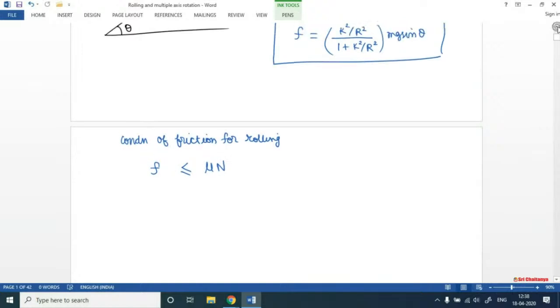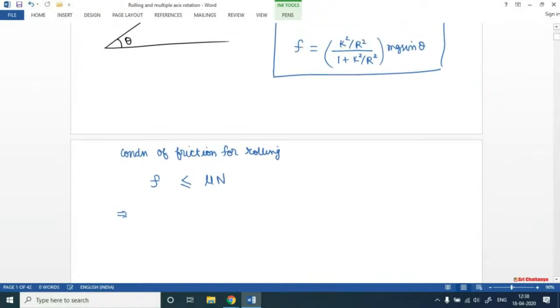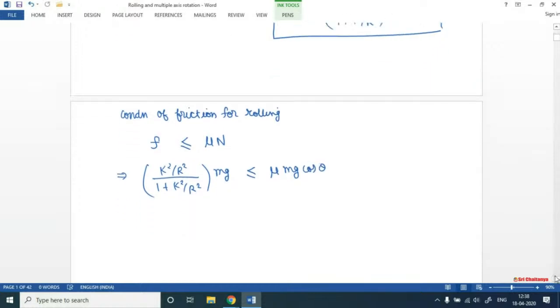So the value of friction, as you see, is nothing but k square by r square divided by 1 plus k square by r square into mg sine theta, and that has to be less than mu times the normal, which here would be nothing but mg cos theta. So let's just rearrange that expression.